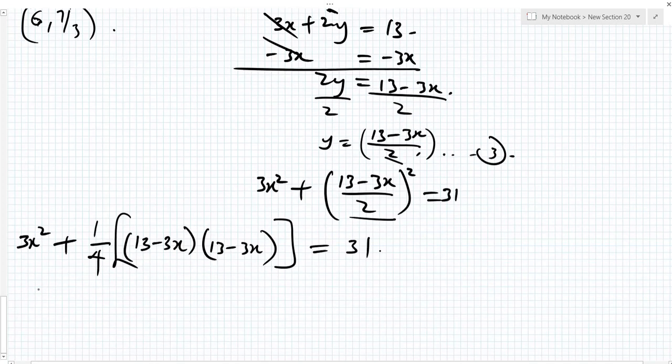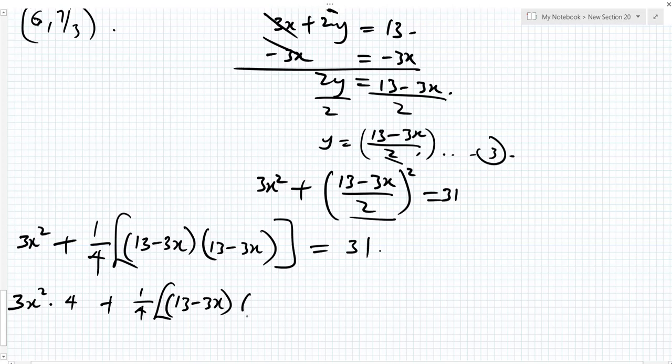Now what is the common lowest denominator? The common lowest denominator is 4, so we multiply all through by 4. So you have 3x squared times 4 plus 1 over 4 all brackets 13 minus 3x times 13 minus 3x times 4 equals 31 times 4.